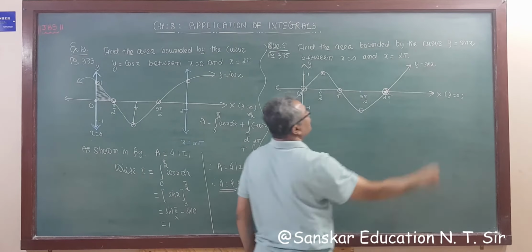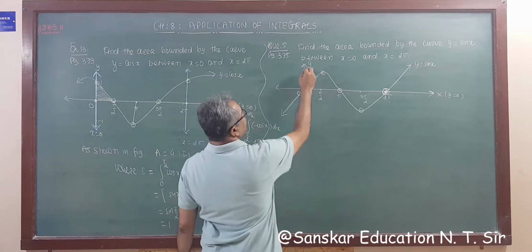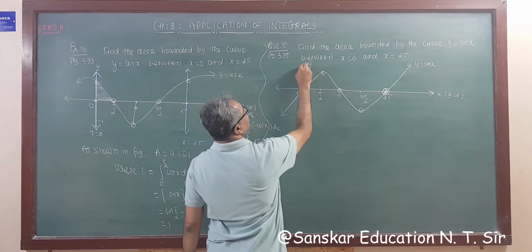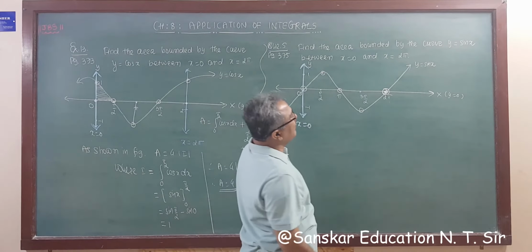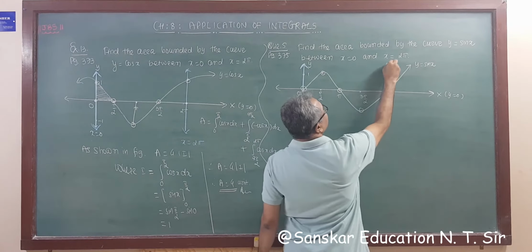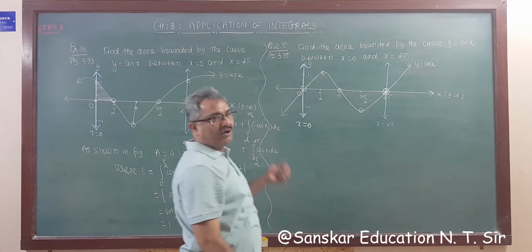Now the boundary values given are the line x is equal to 0 and another line x is equal to 2 pi. Same thing as we discussed for cos.